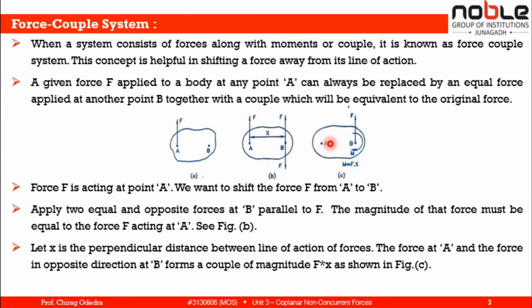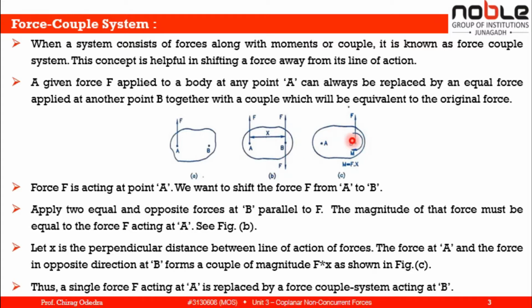So the force at A and the force in opposite direction at B forms a couple of magnitude F into x. Thus, a single force F acting at A is replaced by a force couple system acting at B.